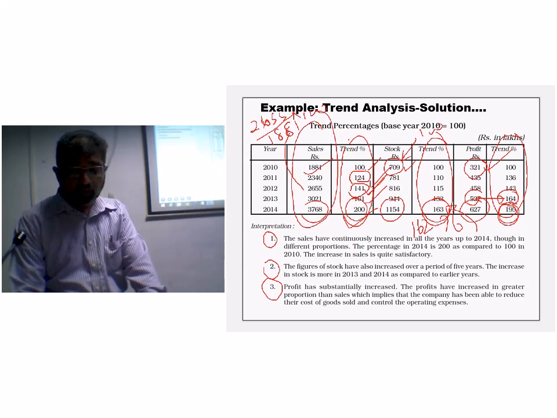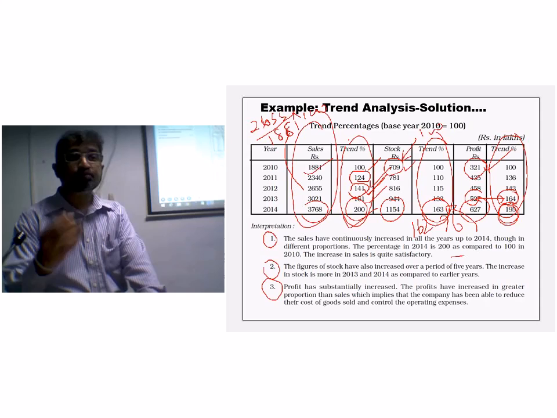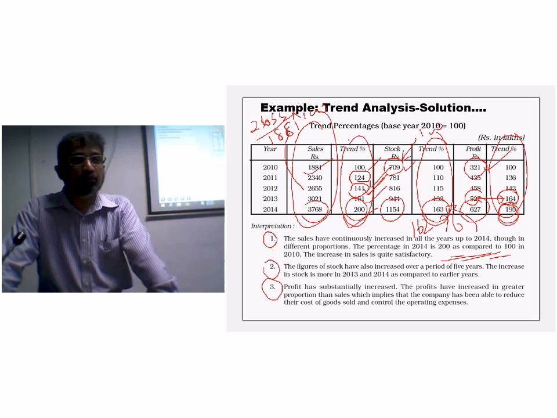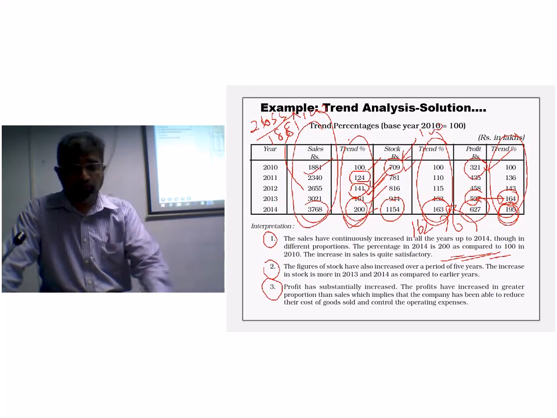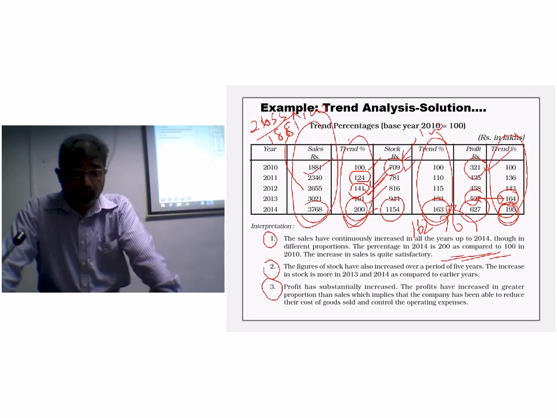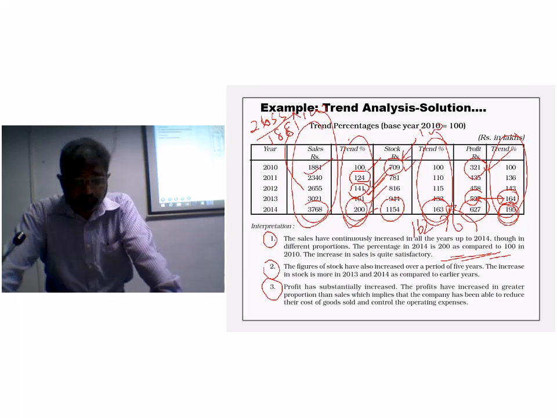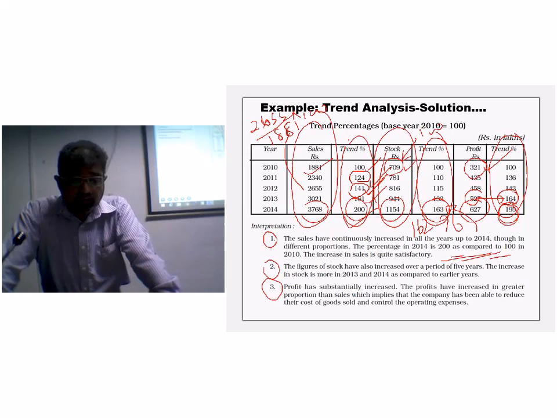When you are interpreting this, you have to add that important point and also discuss the reasons for the decrease in that item.